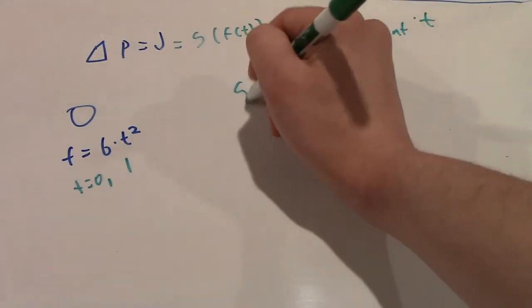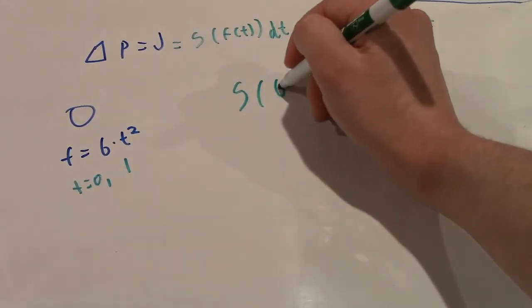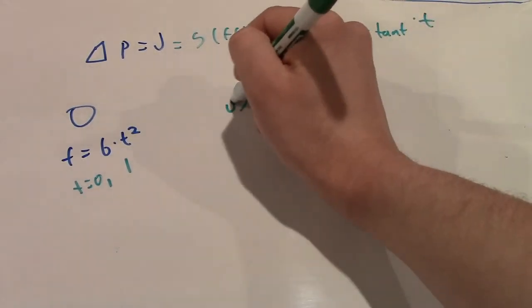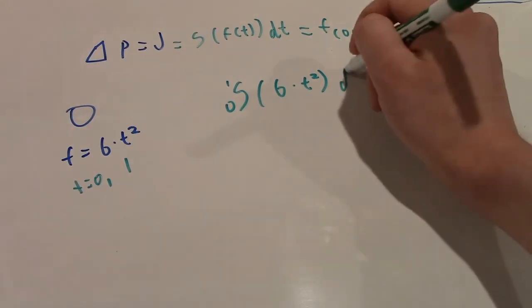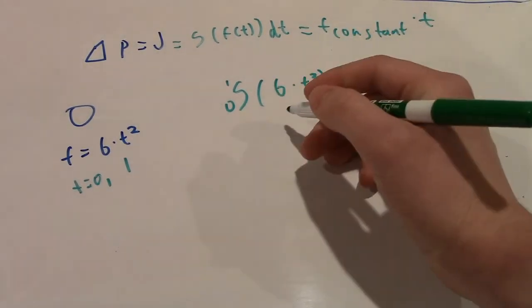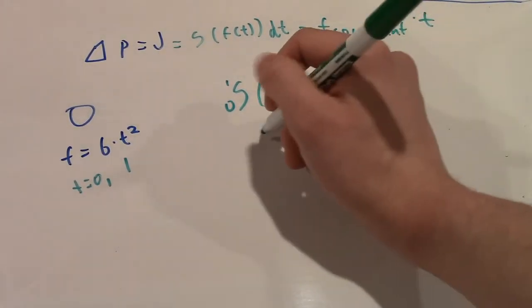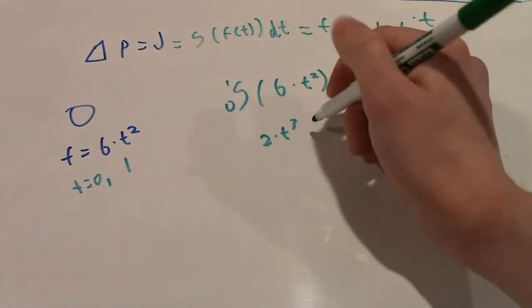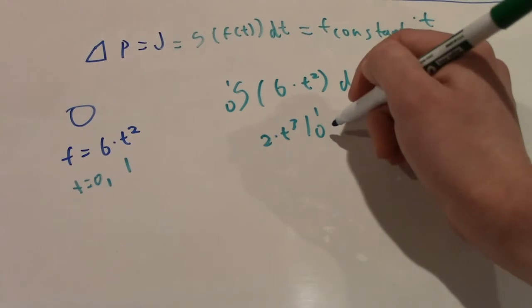So, we're going to take the integral of my force equation, so we're taking the integral of 6 times t squared, and we're taking it from time 0 to 1, and this is dt. Now, the integral of this, that is 6, so we have 2 times t cubed, again from 0 to 1.